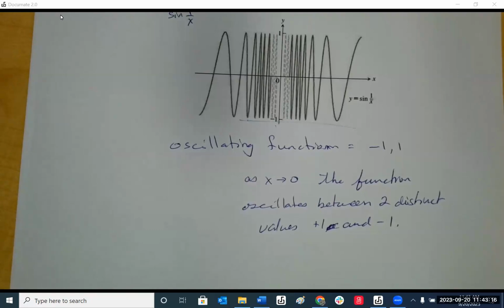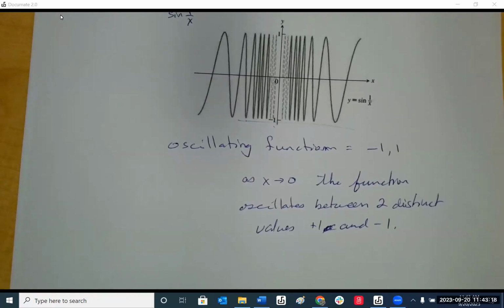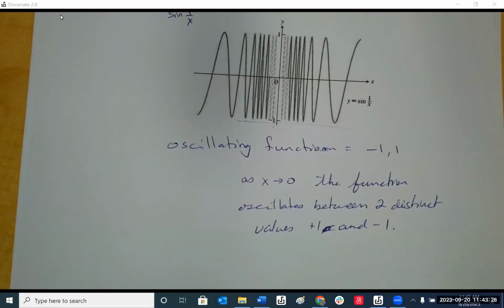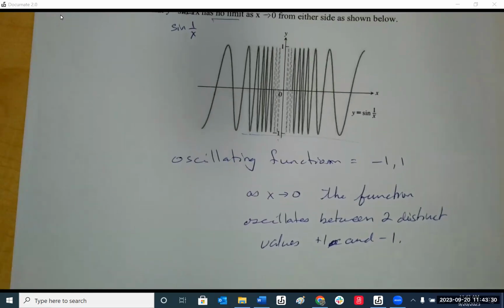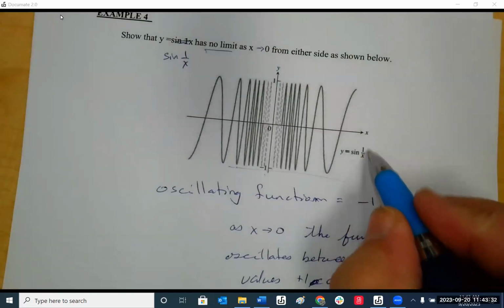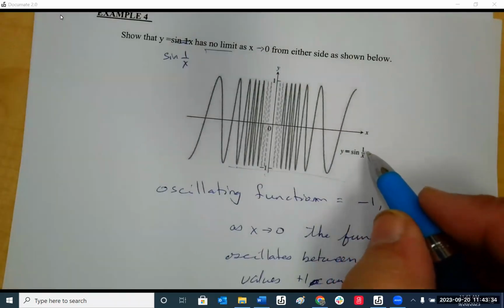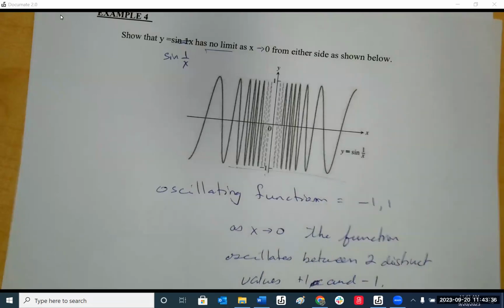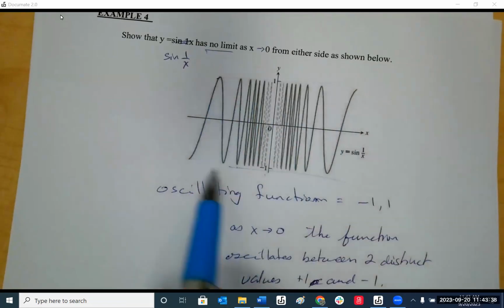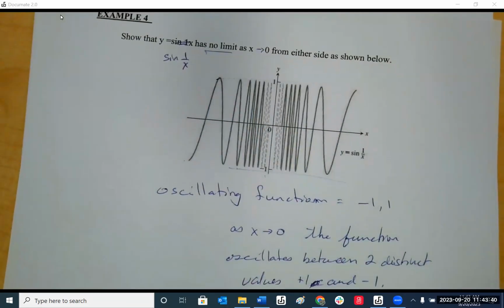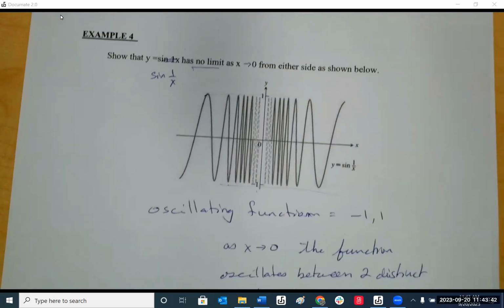The next thing we're going to talk about will be used a lot in this course. You will see it so many times. This is the first type: an oscillating function that's parametrized, has bounds, and you can't decide it.